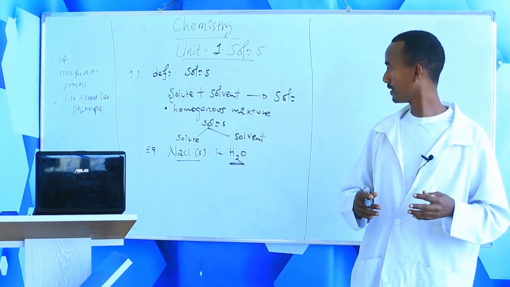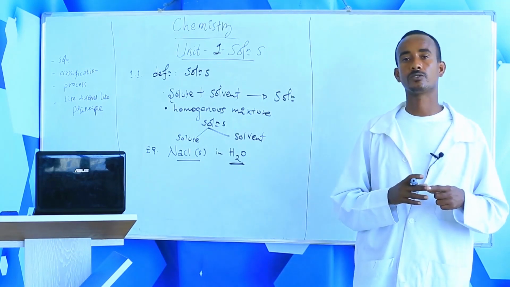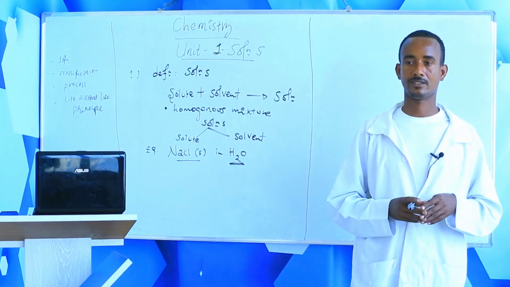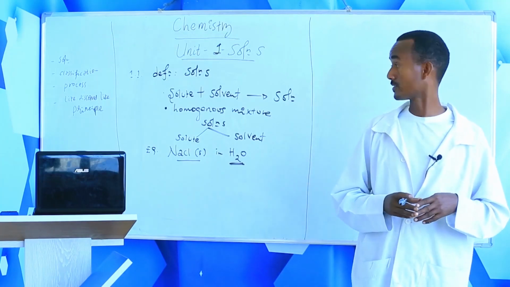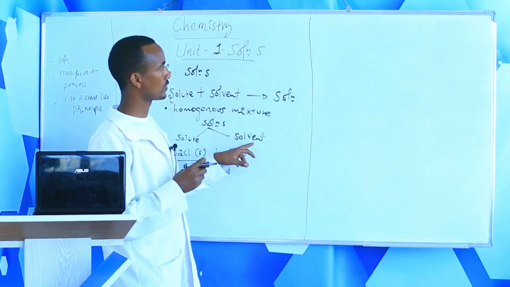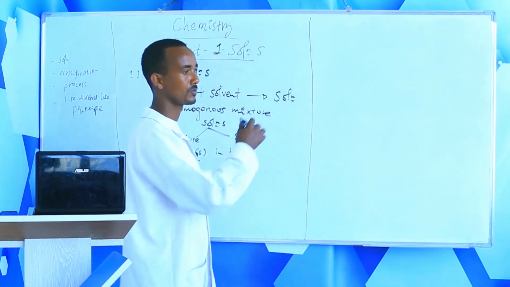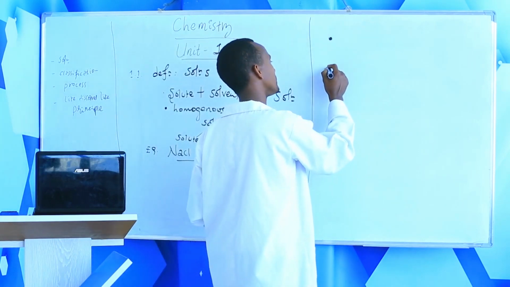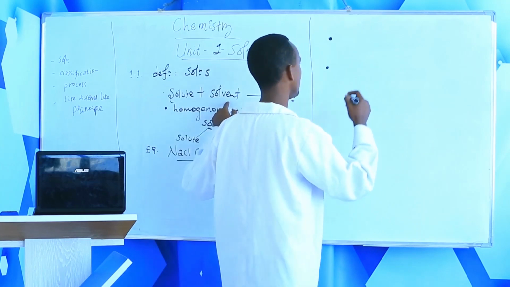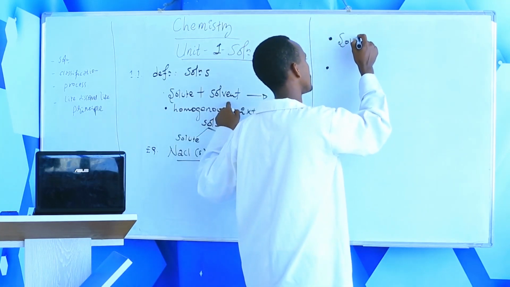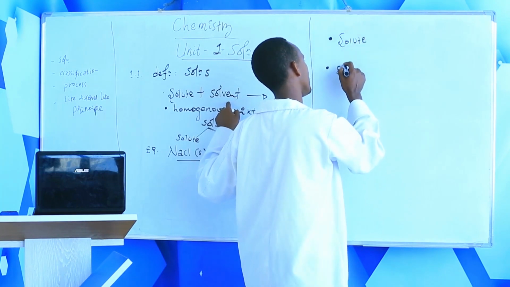This always occurs when the solid and the solvent have the same physical state. Therefore, at that time, we can easily separate the solid from the solvent using another concept. So, sometimes these components can be defined using other concepts.